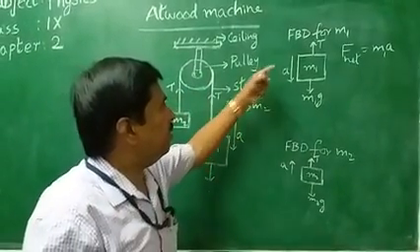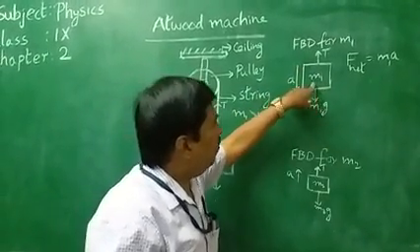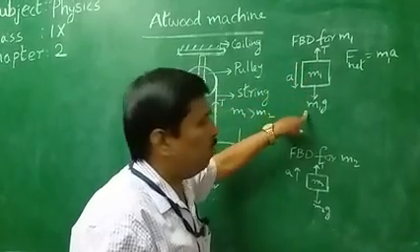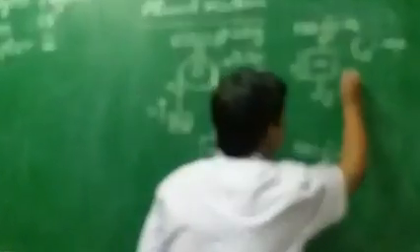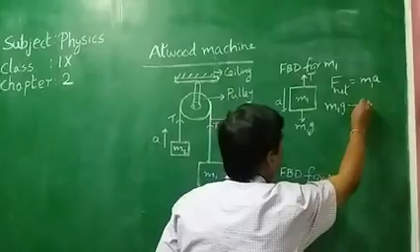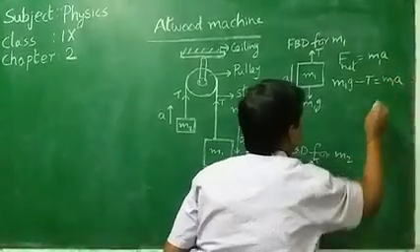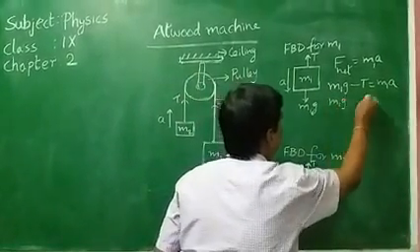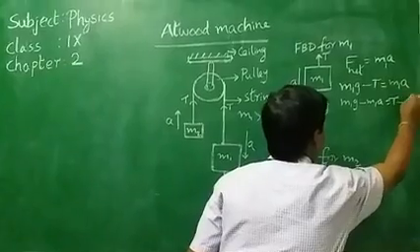Applying the forces in the free body diagram, M1g is greater than the tension T. That is why the object is coming downwards, getting accelerated in the downward direction. So the net force is M1g minus T, which is equal to M1A. Based on this, you can write M1g minus M1A is equal to T, the tension. Take this as equation 1.